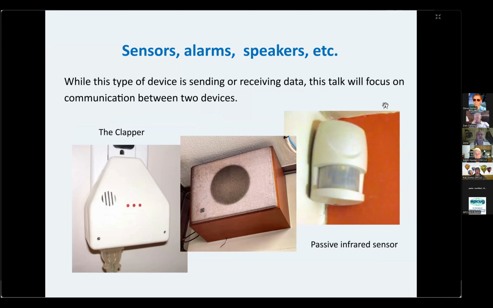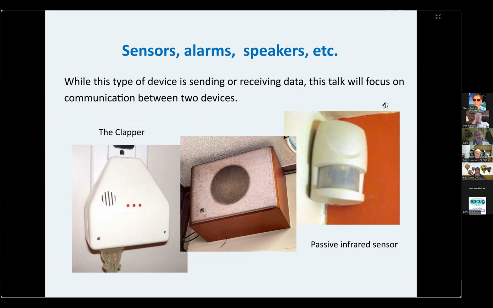Okay, so there are some types of devices where the electronic communication is only on one end. For instance, the clapper. Do you remember the clapper? Clap on, clap off.